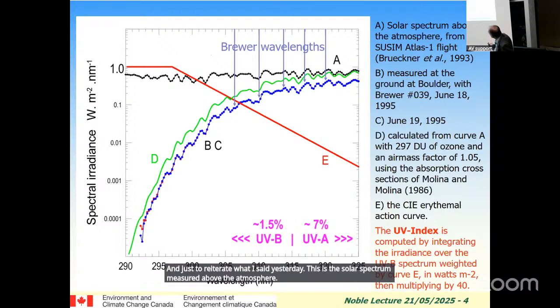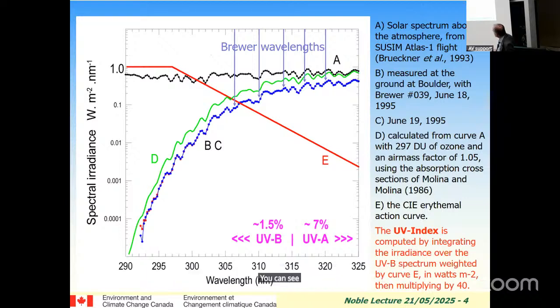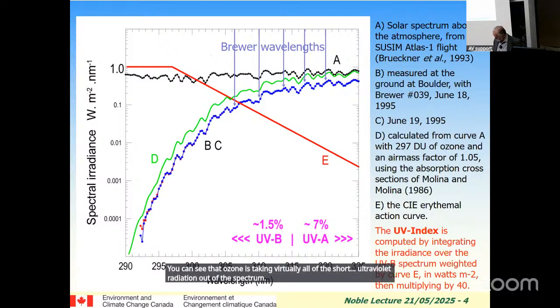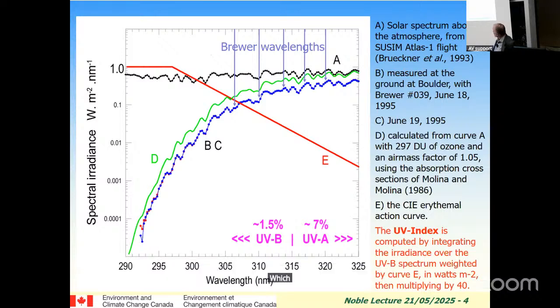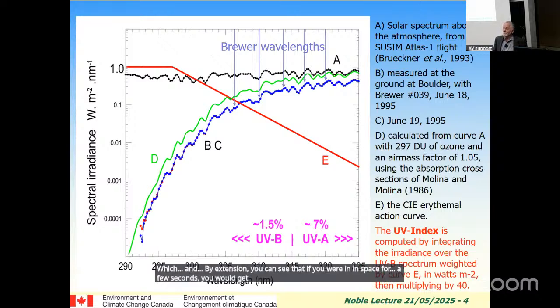This is a measurement of the UV spectrum from Brewer instruments. Actually, there's 2 there right on top of one another, different days, very similar. You can see that ozone is taking virtually all of the short ultraviolet radiation out of the spectrum, and by extension, you can see that if you were in space for a few seconds, you would get a terrible sunburn.